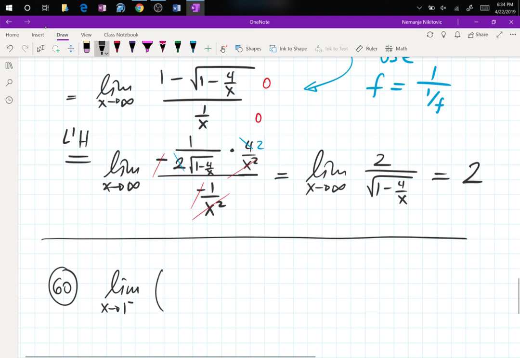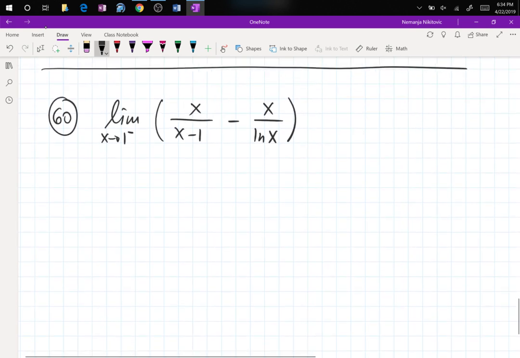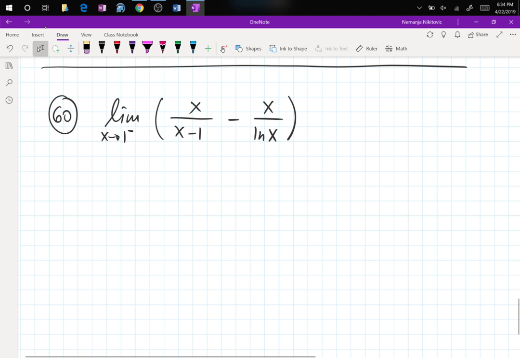So we have x over x minus 1 minus x over ln x. Is this infinity minus infinity? Yes, it is, right?